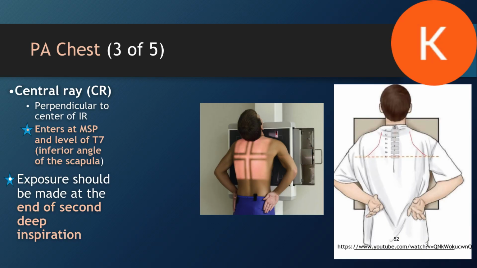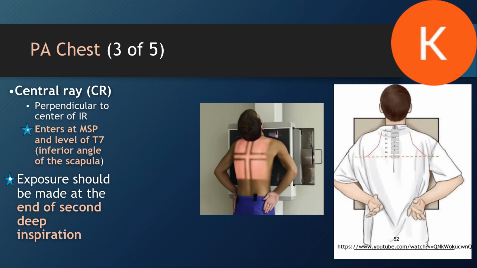In the example here, the patient wearing the white shirt shows the centering point at the level of T7, entering at mid-sagittal plane. We find T7 by palpating for the inferior angle of the scapula.